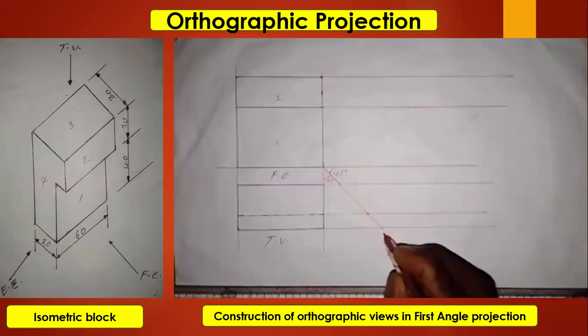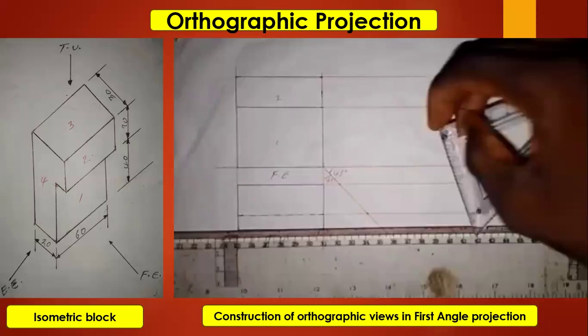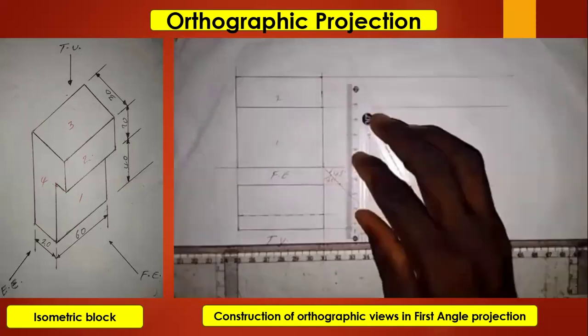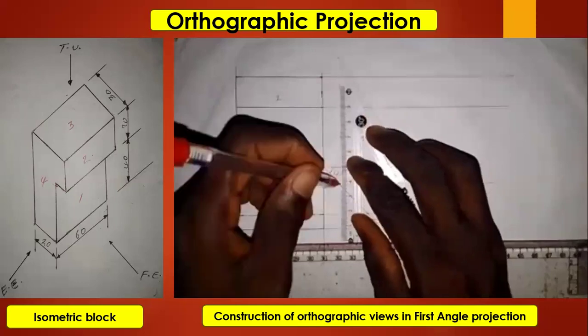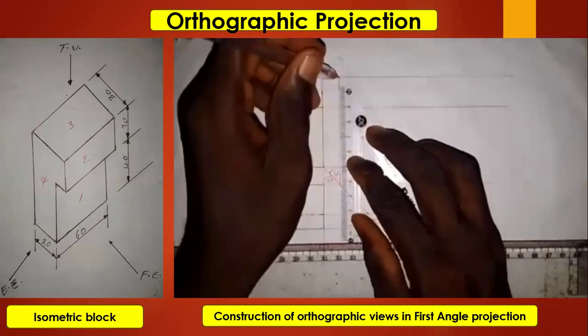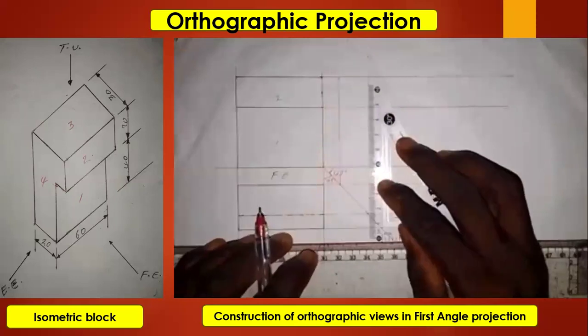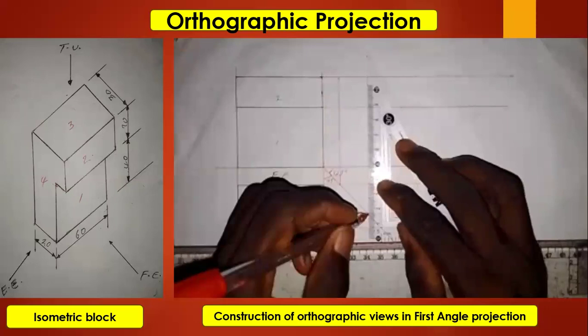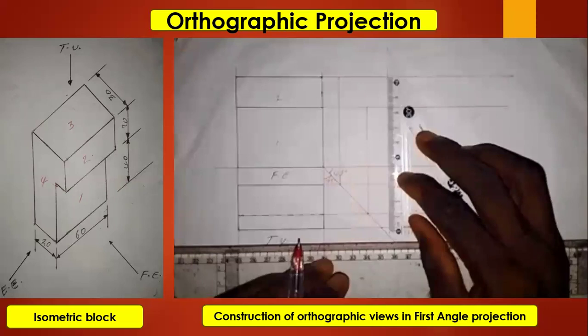Next, I will take my set square and bring it to this point, and bring it to this point.